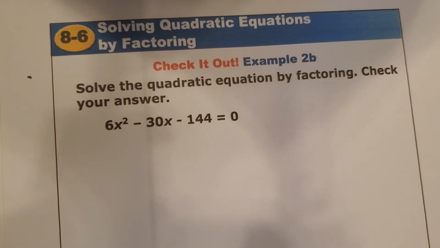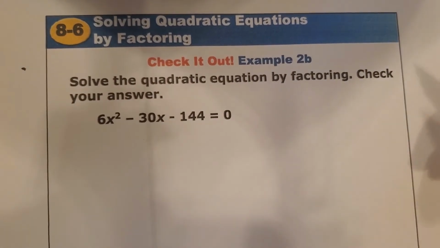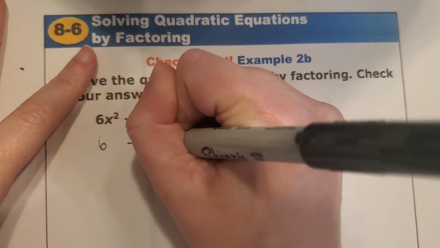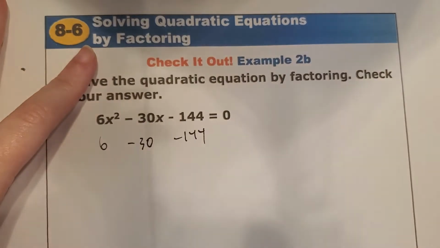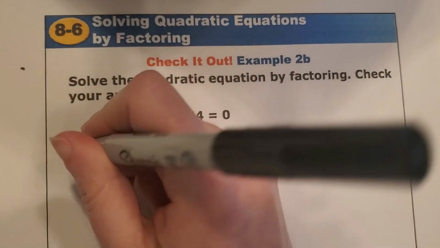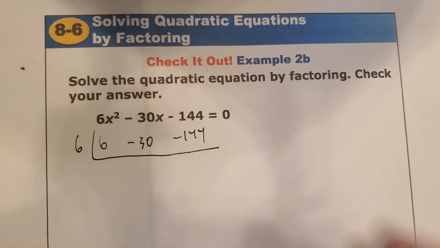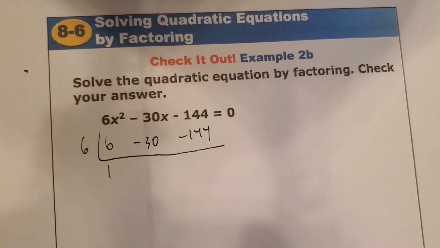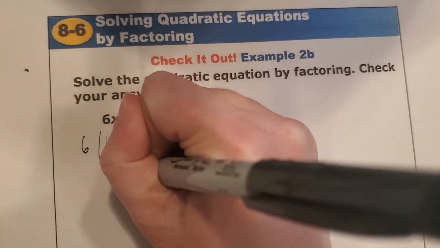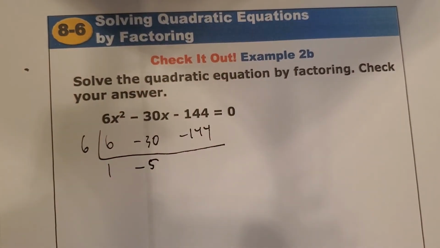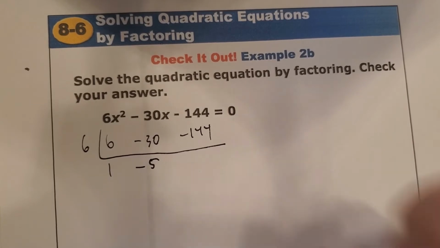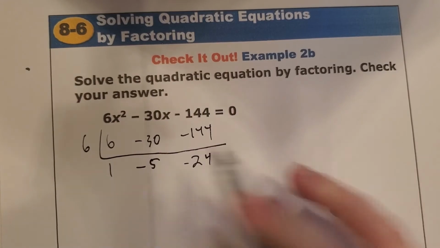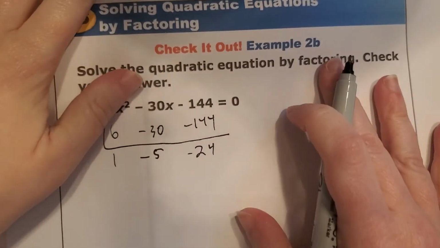But don't forget that the first thing you always have to think about when factoring is trying to take out a GCF. So 6, negative 30, and negative 144 are all divisible by the same thing. Yeah, they're all divisible by 6. So if you do that, you're left with 1, negative 5, and 144 divided by 6 is 24. So this is negative 24. There's no variable in common.